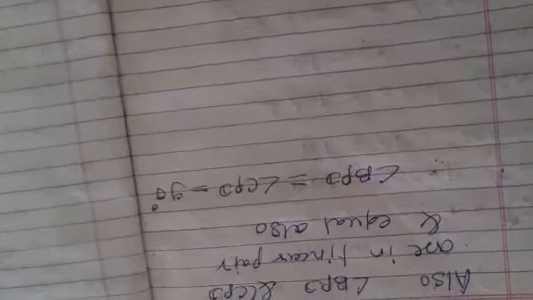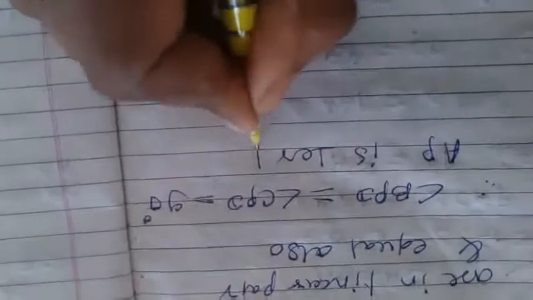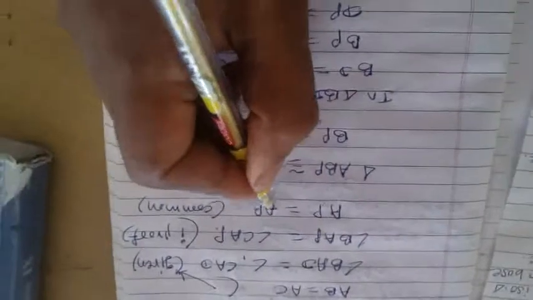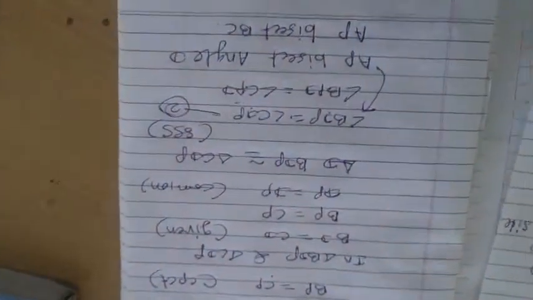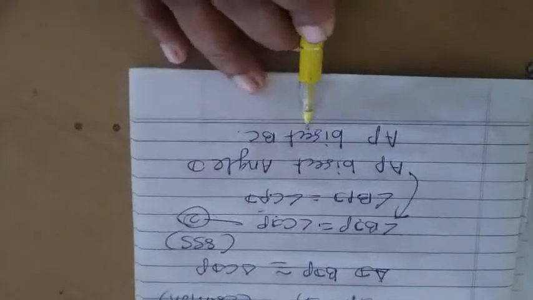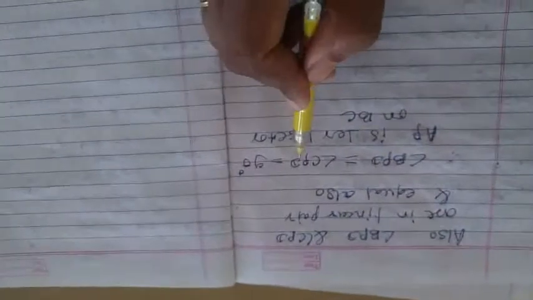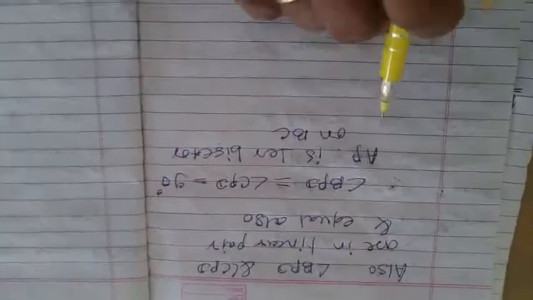Both the angles of 90 degrees means we can say that AP is the perpendicular bisector on BC, because here we showed that BP is equal to CP, both are equal. AP bisects angle D, AP bisects BC. AP bisects BC, and these angles are 90 degrees, means we can say that it is a bisector, it is perpendicular, means it is a perpendicular bisector.